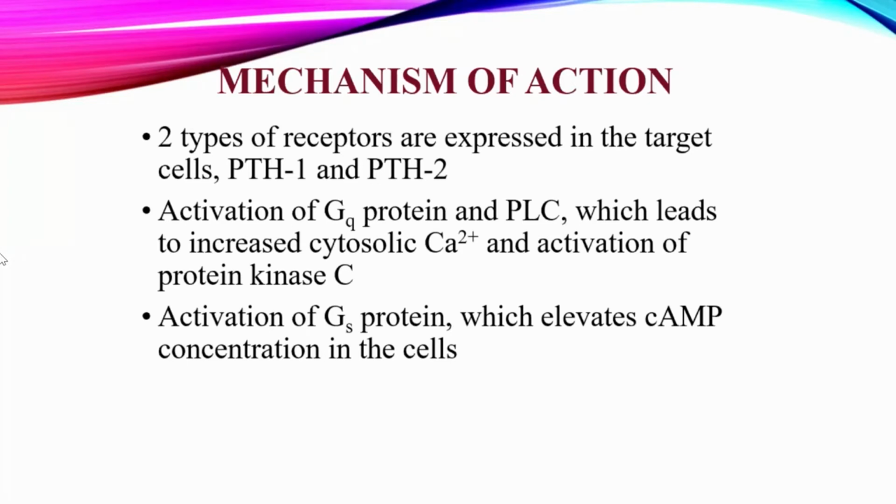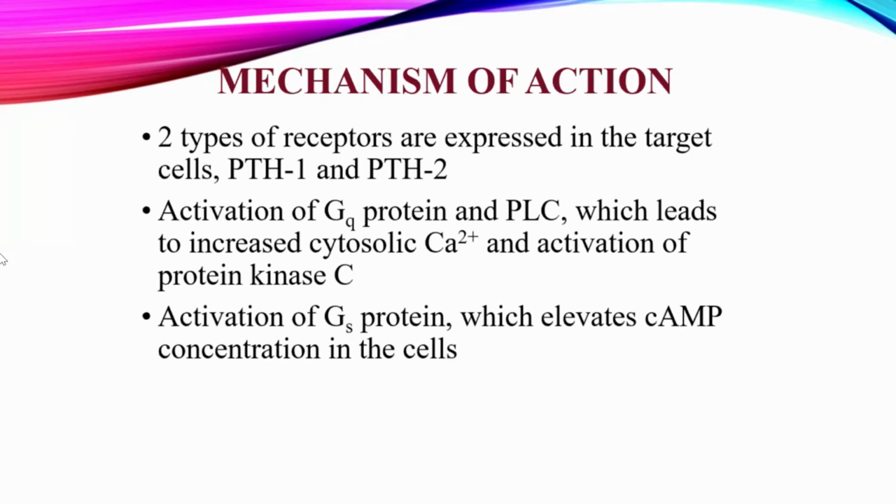It also activates the Gs protein, which activates the effector protein adenyl cyclase, increasing the concentration of cyclic AMP. Cyclic AMP is the second messenger which activates protein kinase A.